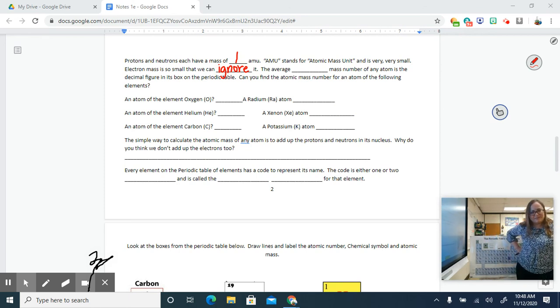Now, wait a second. How in the world can we have a decimal number? Can we have partial protons and partial neutrons? Is it possible to have a neutron and a half in this atom? No. Kind of like the national average for the number of children is like 2.4 kids. You can't have 0.4 kids. But when you average together, this family has 3, this family has 2, this family has 5, this family has none, this family has 1, it comes out to 2.4.